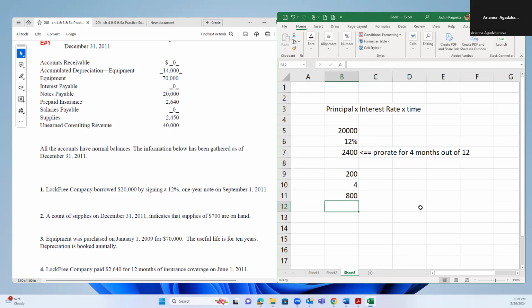My question was a little geared towards the account titles, because when I first read that it was a 1-year note, I immediately thought of note payable. So is it because it's an adjusted entry that we're using interest payable? Yeah. So chapter 4, we're not booking the original entry, we're booking the adjustment.